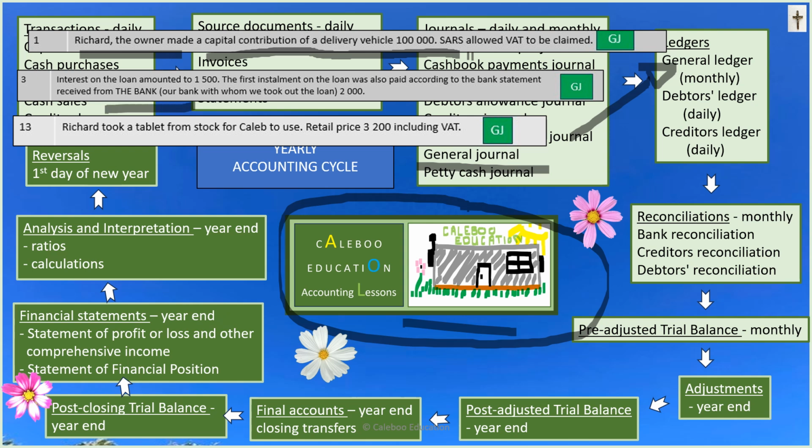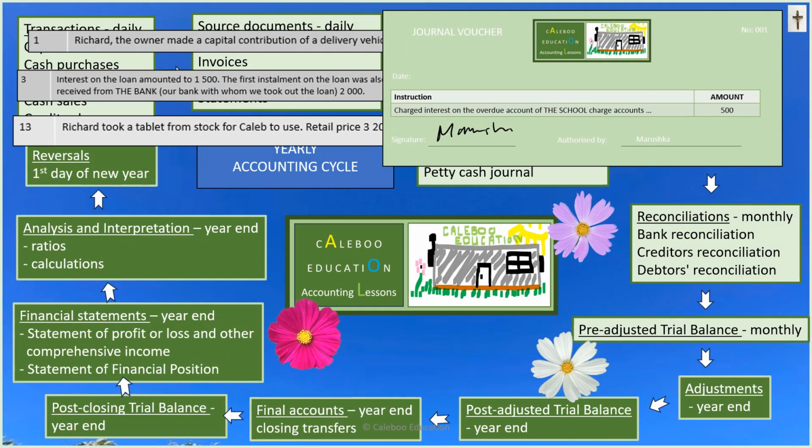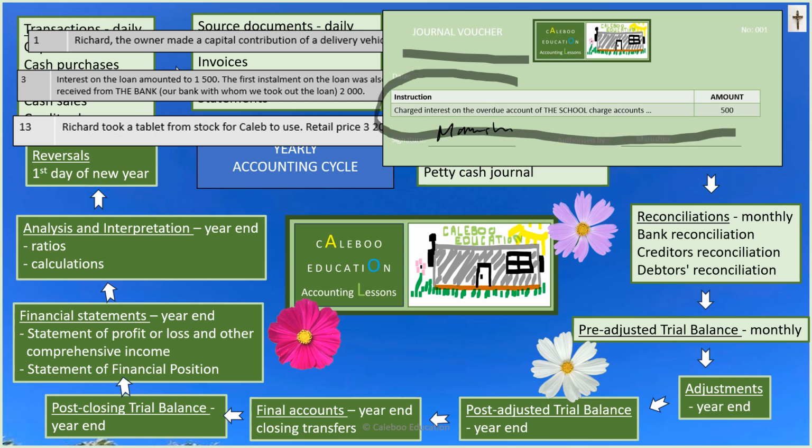There's interest on the loan, and we need to record the interest on the loan. Richard took a tablet, so I'm taking stock for personal use. We'll have a look at that. Now all these transactions are recorded on a document. And here my wife, Ruska, has drawn up a journal voucher to record this interest that has been charged to the school on an overdue account.